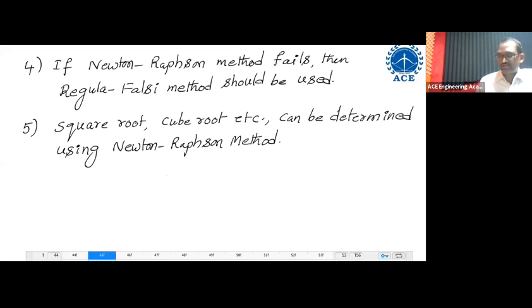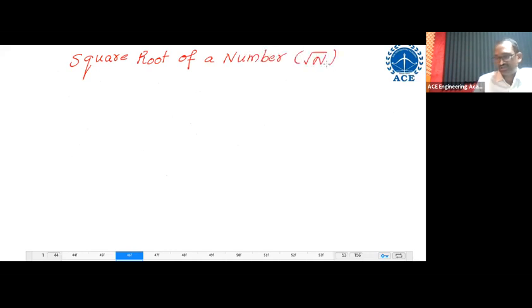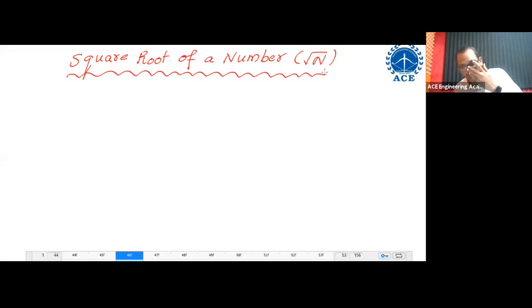In the similar manner, you can prove the remaining formulas.